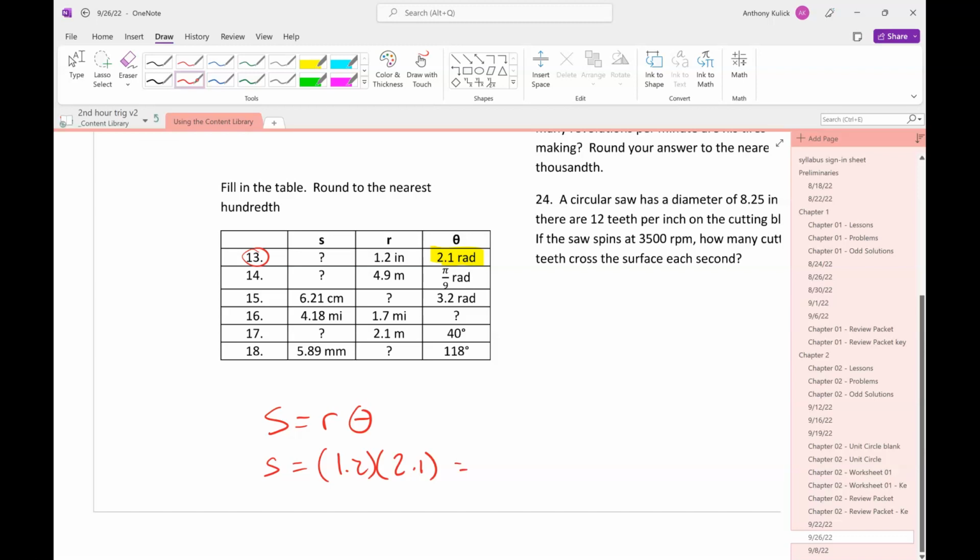How do you find the theta? Number 16. Okay, that's easy. So here we're not told what unit theta's in. So guess what? It doesn't matter which formula I use, unless the directions ask for theta in a certain unit.